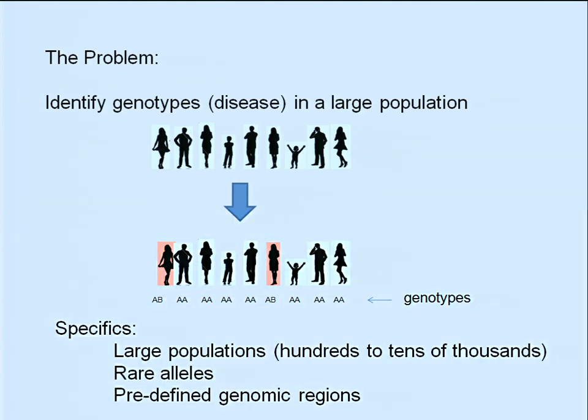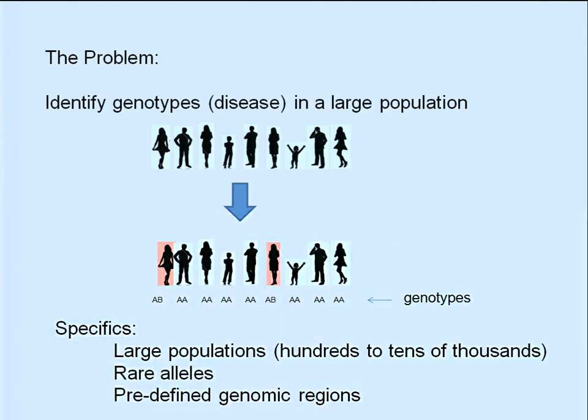Only a few of them do. Third, you're looking for predefined genomic regions, for example, some gene or protein region. You're not talking about full genome sequencing here, but focusing on some specific regions.